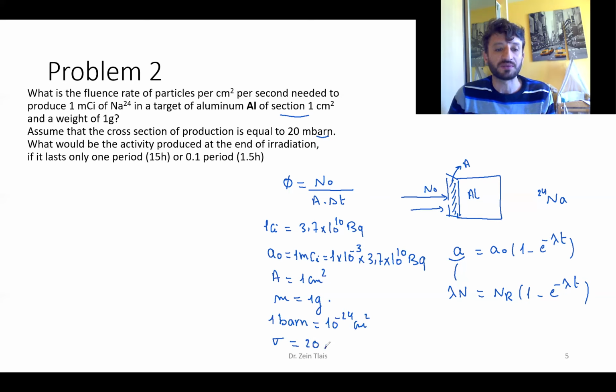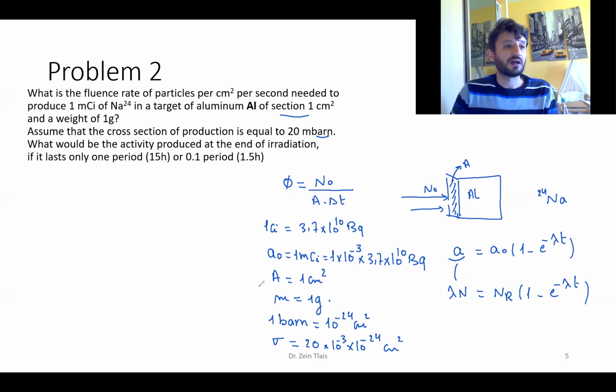So we have 20 times 10 power minus 3 times 10 power minus 24 centimeter square.